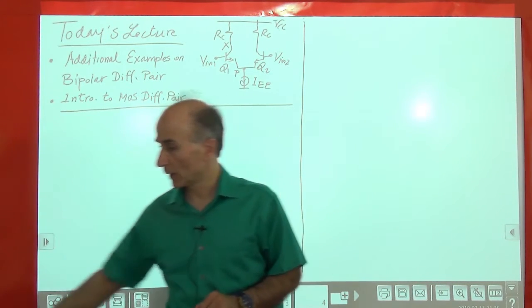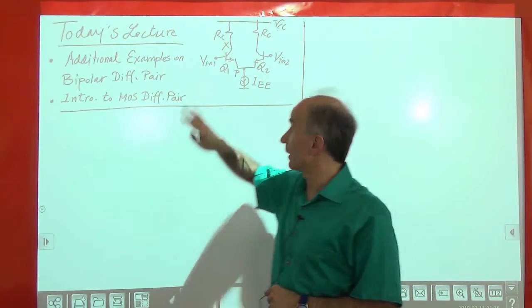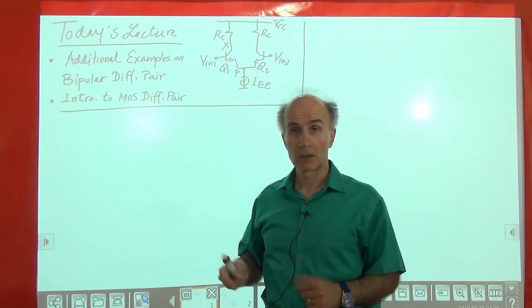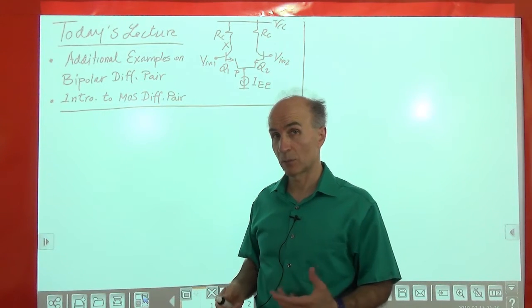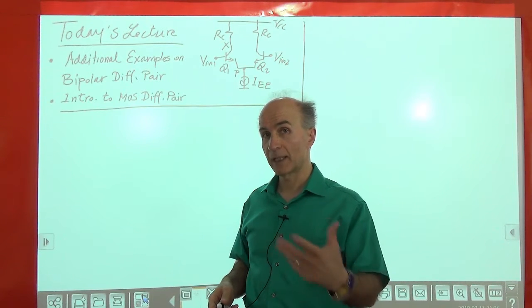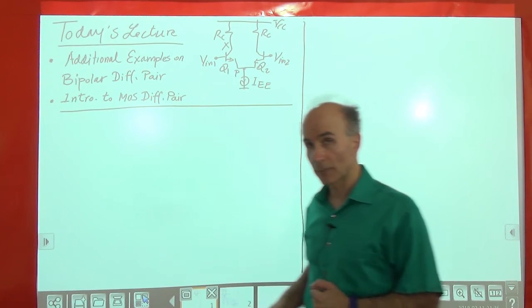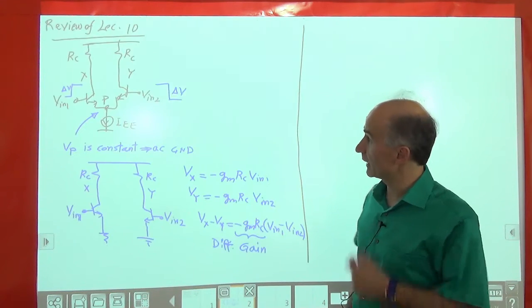Okay, so today we go over some examples regarding this differential pair, trying to see, for example, this small signal operation and how the equations that we learned last time help us quickly analyze the circuit. But before we go there, let's review what we covered last time.